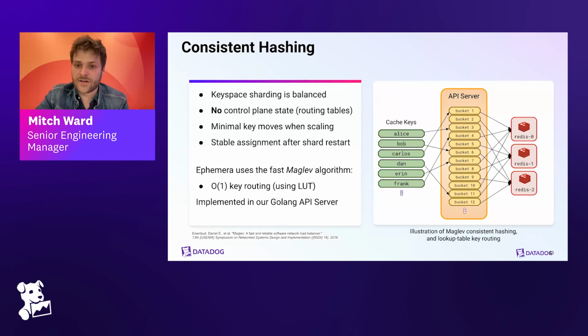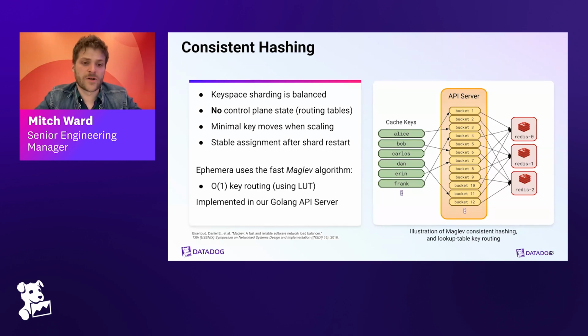Looking at this diagram on the right, if we were to add a fourth Redis pod, it wouldn't cause all the keys to churn and reshuffle, and instead there'd be a minimal set that would move to that new Redis pod. Similarly, when we talk about key churn, another favorable property is a stable assignment during restart. If one of these Redises shuts down for any kind of maintenance event and comes back up, it's reassigned the exact same key set. It doesn't cause another big reshuffle event.